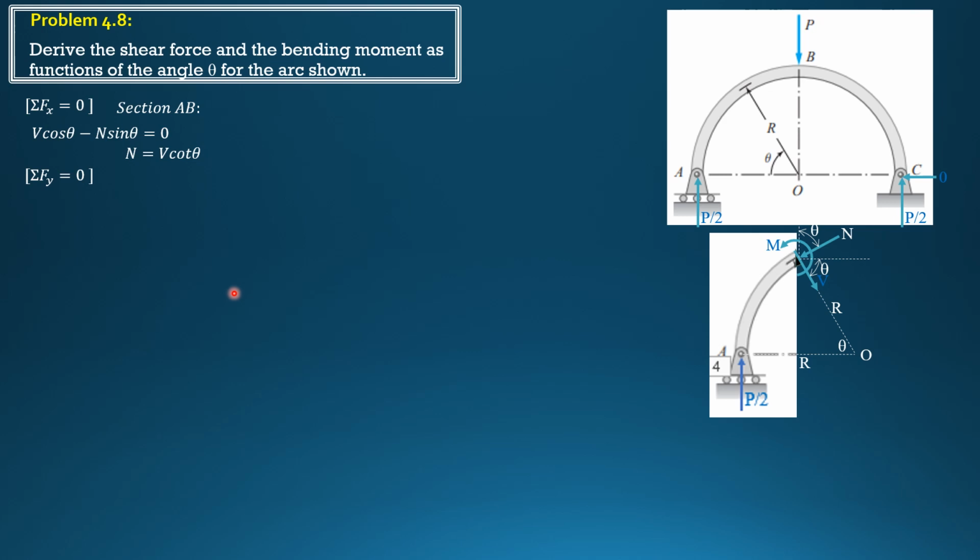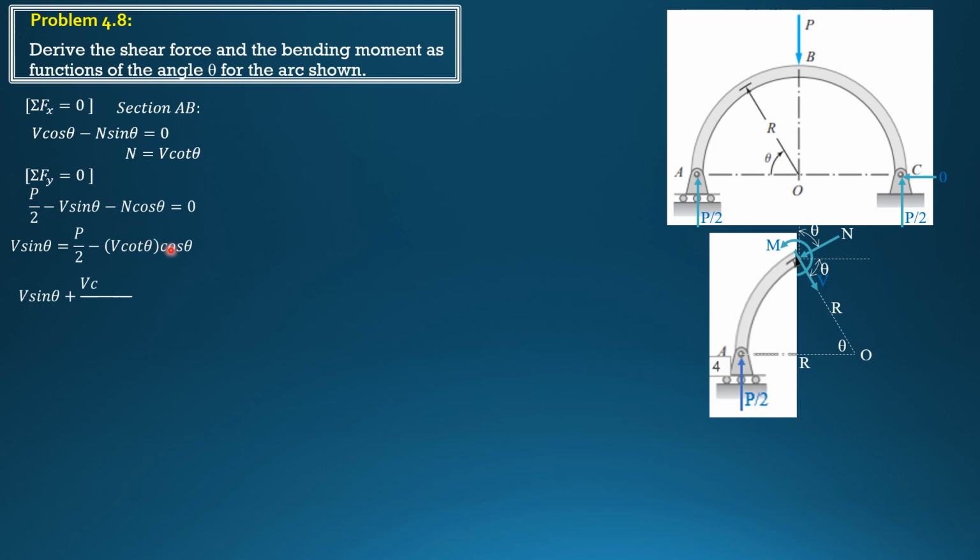For the shear force, summation of forces y equals 0, then we have P over 2 minus V sine theta minus N cosine theta equals 0. So transpose this to the right.